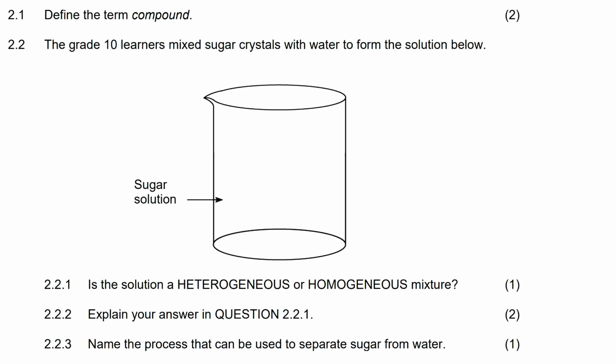This question starts by asking us to define the term compound. Okay, let's quickly go talk about compounds, molecules, atoms, so you can get a quick summary of those different things. So, if you have a single little thing, like let's say that is hydrogen, well, that is called an atom. Okay, that is an atom.